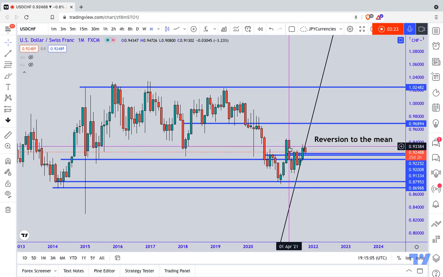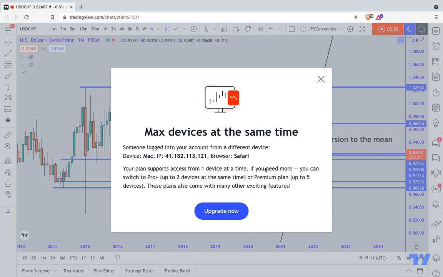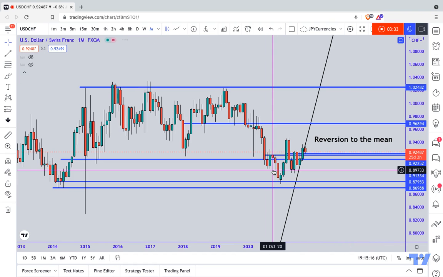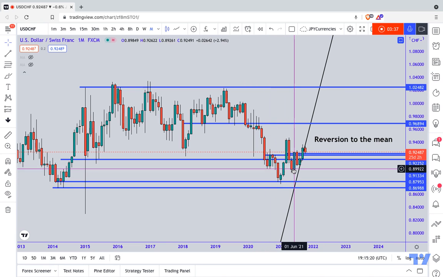We retraced, which created some sort of reverse head and shoulders, whereby the left shoulder is this, the head, and the right shoulder.